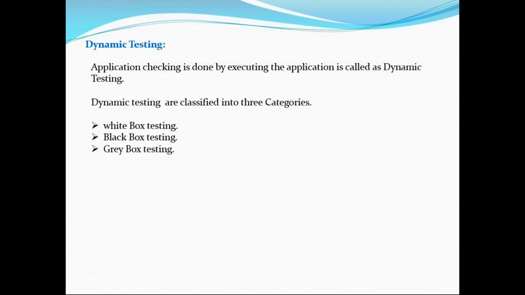What is gray box? The combination of white and black. Sometimes we require the developer's help, and sometimes the developer requires our help, so we do a combination of work like white and black. That kind of work we call gray box testing.